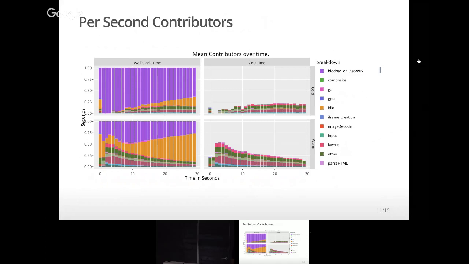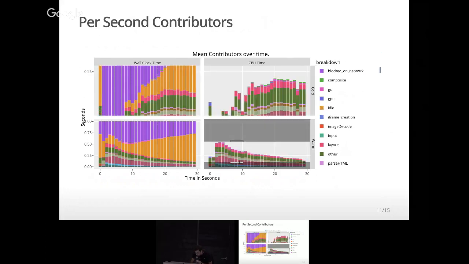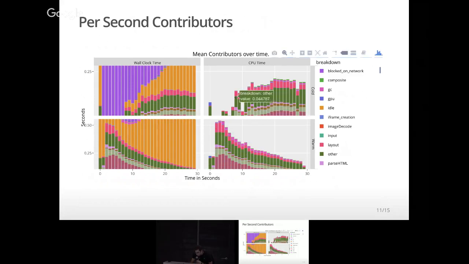A couple of trends I think are interesting here. One is the distribution of layout. So I'm just going to zoom in on the layout here for a second. For CPU time, and then warm versus cold.